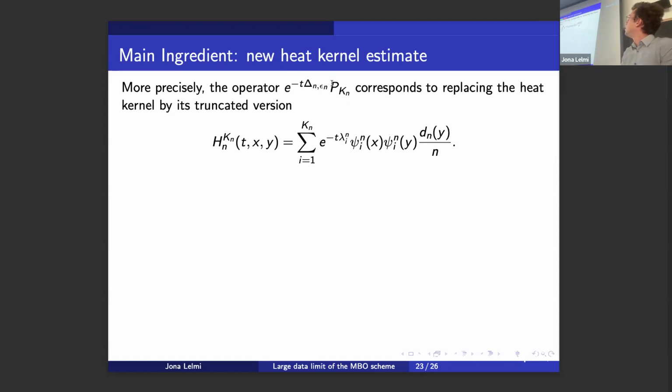So this operator here can be rewritten in the following form. This is nothing but the heat kernel on the graph obtained by truncating the frequencies higher than K_n.